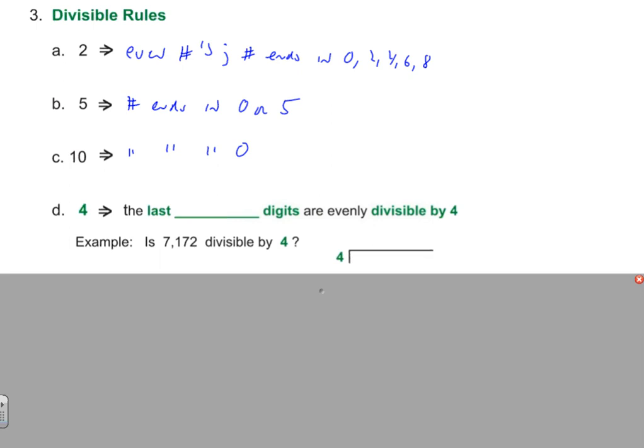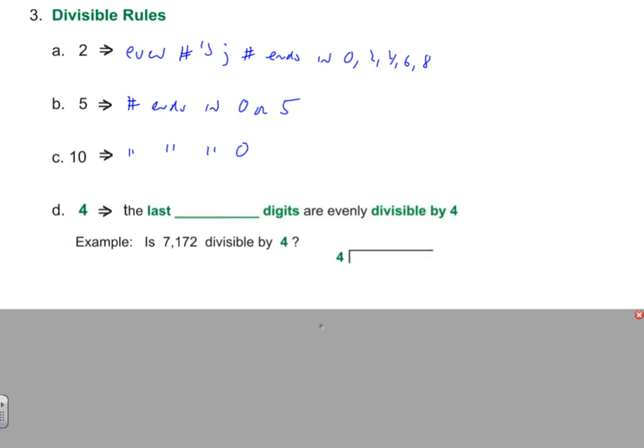All right, let's get to a few that you'll have to remember. How about 4? What's the divisibility rule for 4? Do you remember it? Well, I gave you most of it here. Divisibility by 4 is the fact that the last two digits are evenly divisible by 4.